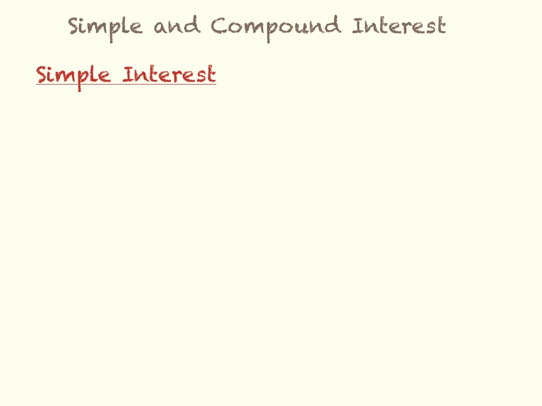and compound interest. Simple interest is a basic formula that we need to remember so that we can find what the interest is going to be on a certain amount of money.